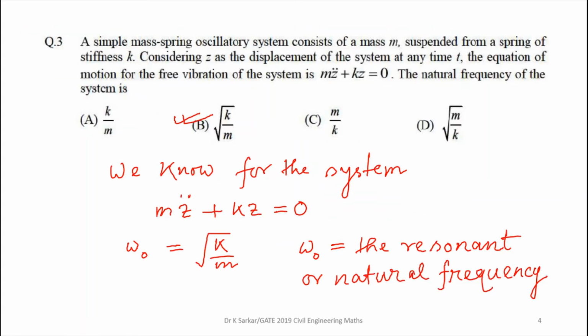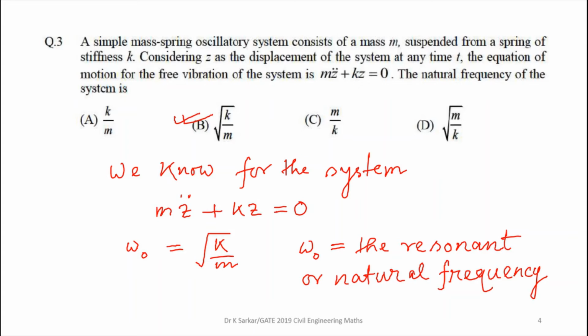Question number 3. A simple mass spring oscillatory system consists of a mass m suspended from a spring of stiffness k. Considering z as the displacement of the system at any time t, the equation of motion for the free vibration of the system is m z double dot plus k z equals to 0.